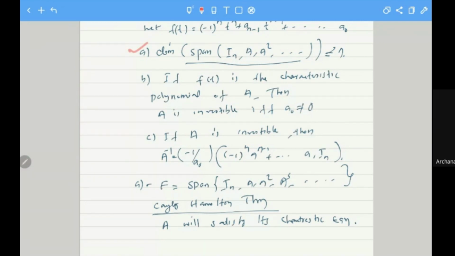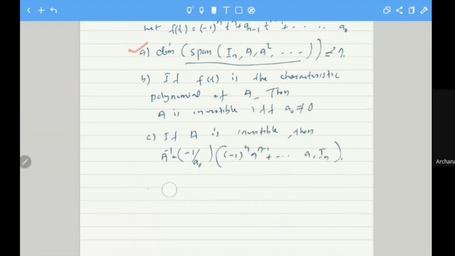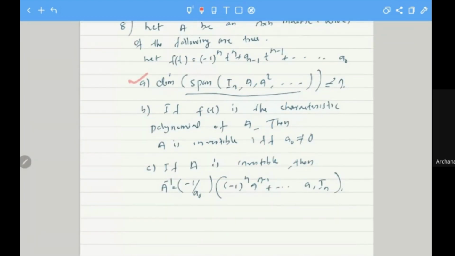Okay, so what about the second option? What does the second option say?